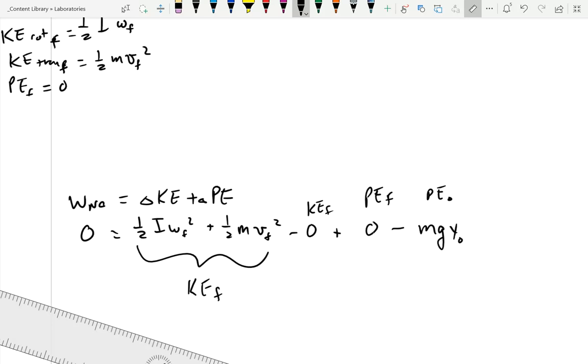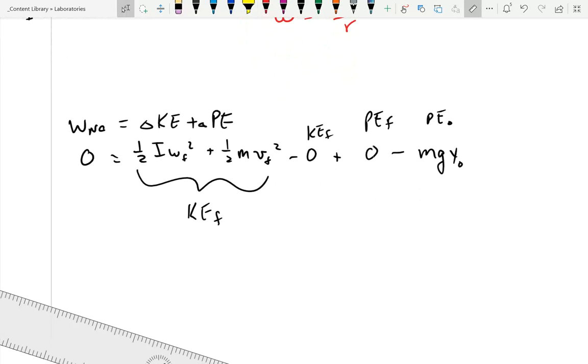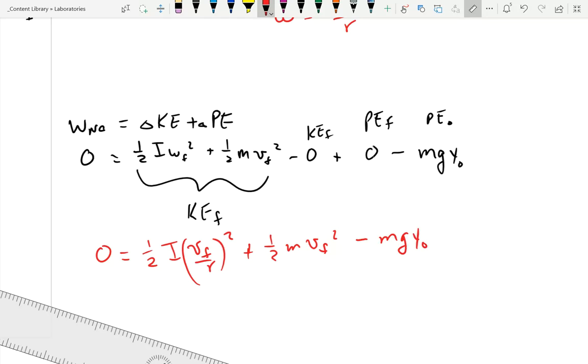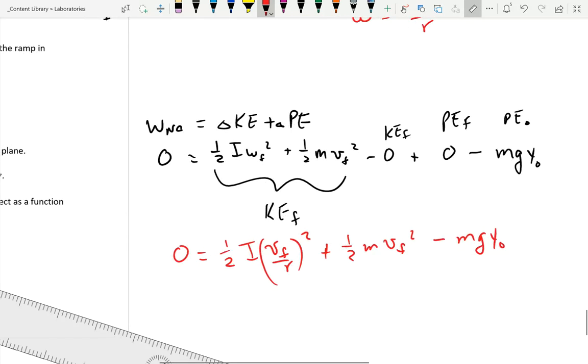Because it's an object rotating, we know that R omega is equal to V. So that means I can say that omega is equal to V over R. And so where I have omega final, I can write V final over R. So now I have one variable, the omega, that's disappeared. And my problem asked me to find V final in terms of the remaining variables.